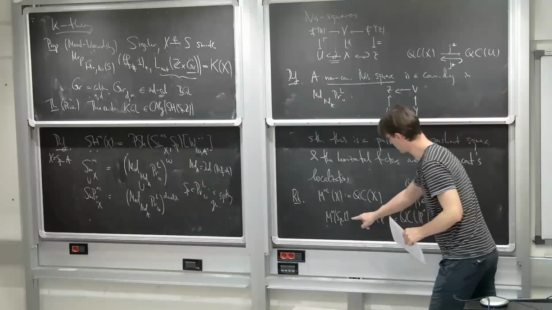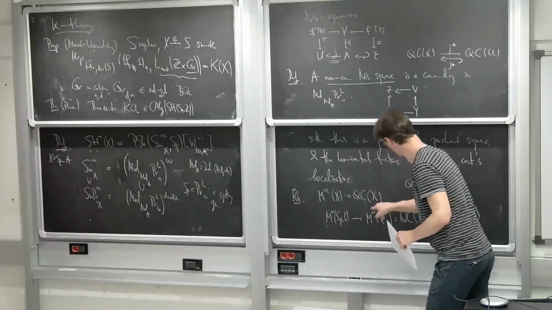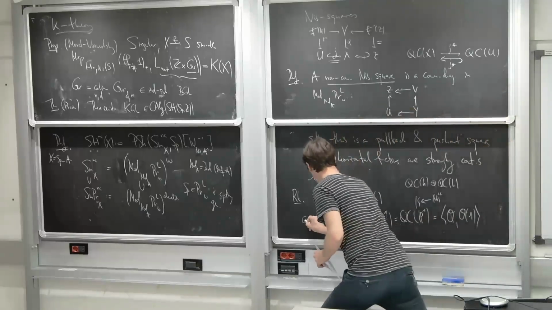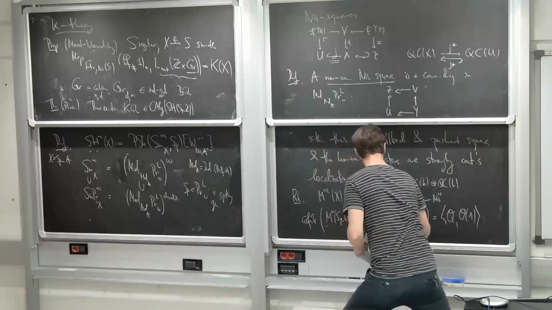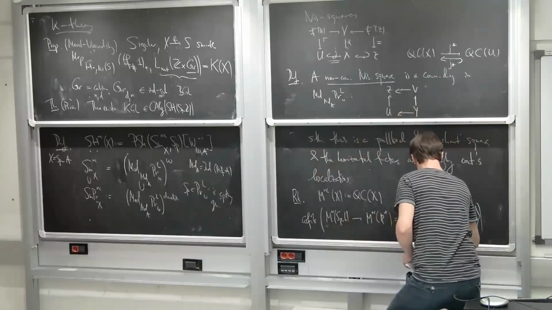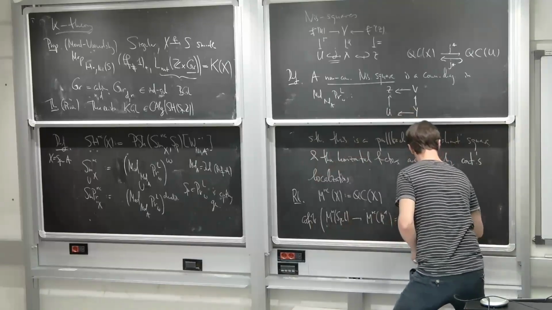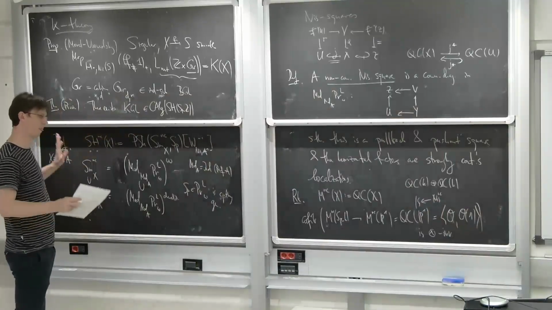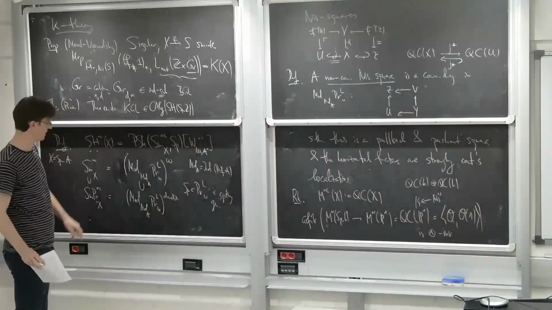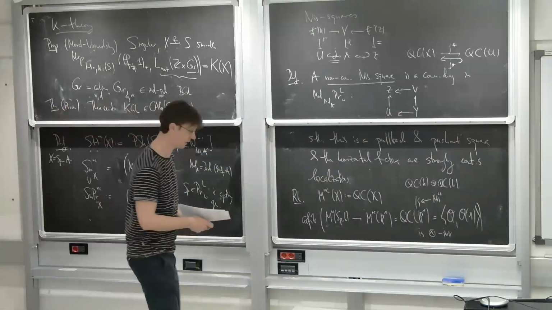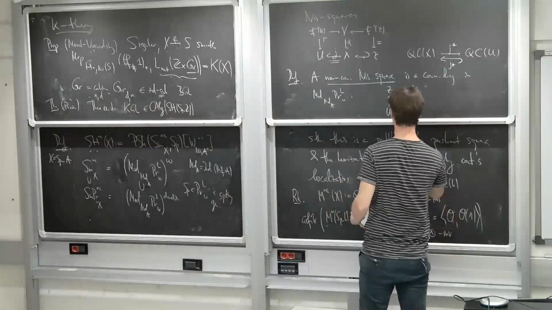And therefore, if you take the cofiber of one point to all of them, it is already invertible. So the cofiber of this is invertible already, and that's why it doesn't show up.